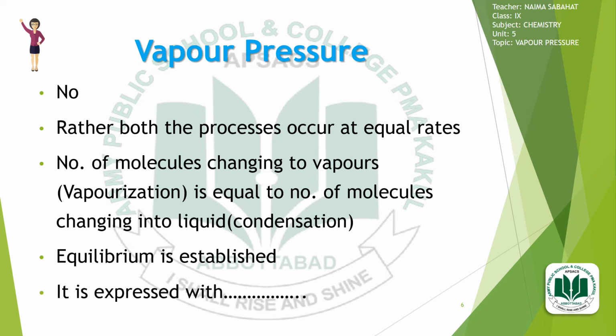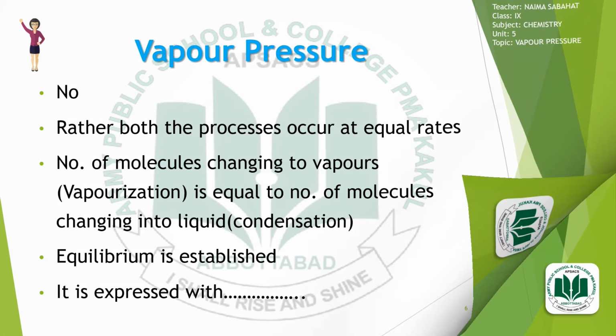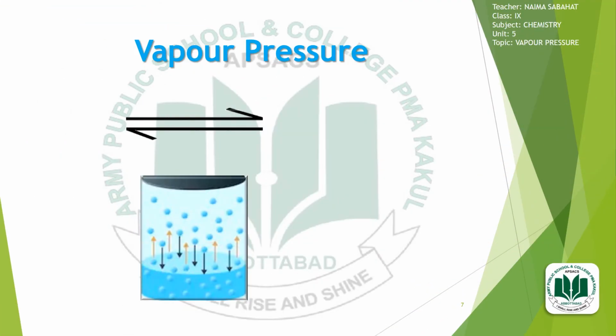And both these processes are expressed with a double arrow. Like this. The upper arrow represents the forward process, that is evaporation, and the lower arrow represents the second process, the reverse process, which is condensation.